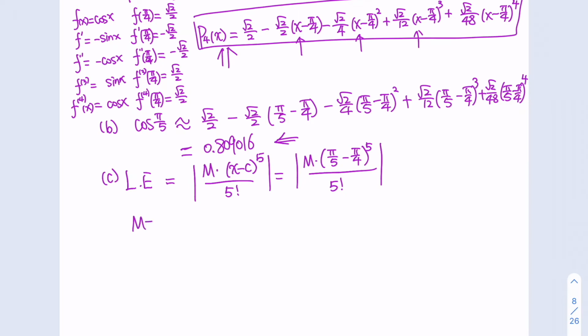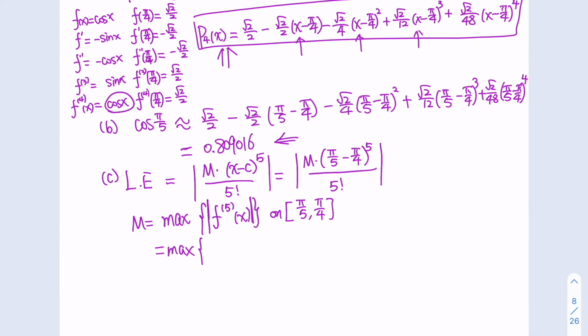As we know, M is the maximum value of the next derivative. The next derivative is the fifth derivative, on the interval from x to c, pi over 5 to pi over 4. The fourth derivative is cosine, so the next derivative gives sine of x. Keep in mind the absolute value of the next derivative.